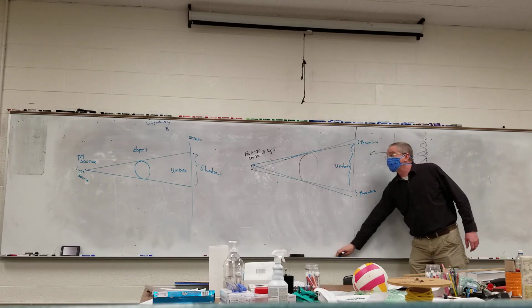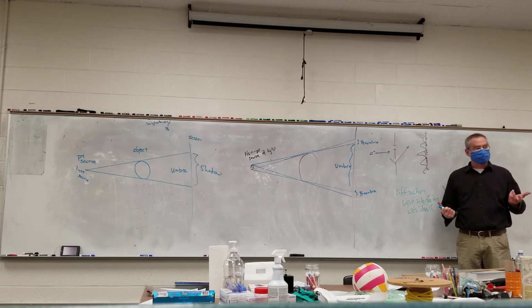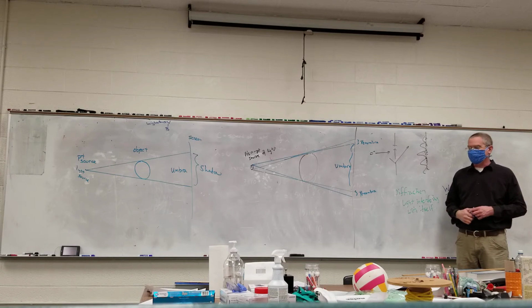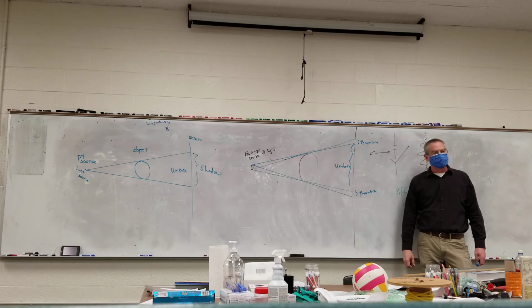And of course, we've got a bunch of triangles here. We've got some algebra we can throw into it. We can actually predict the size of our light source based upon the size of the penumbra and umbra. And I know what you're thinking.